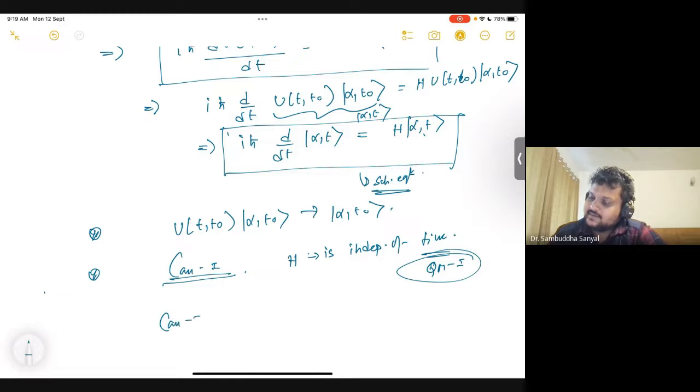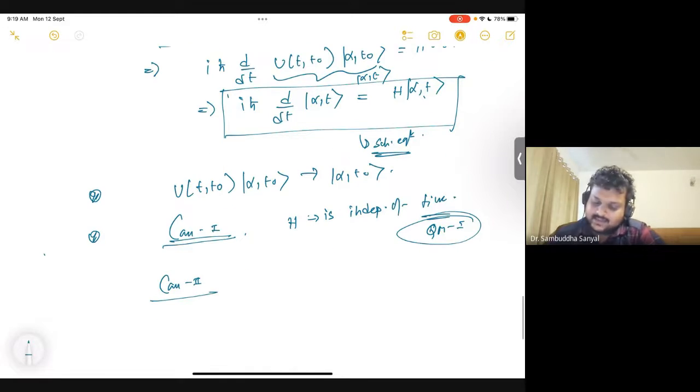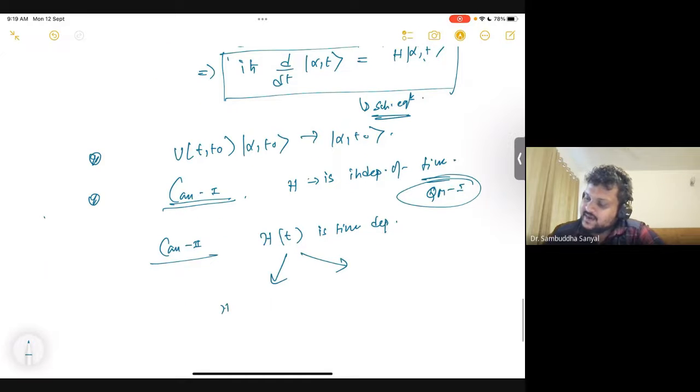But there will be another scenario where H(t) is time dependent, and there are two possible things: H at a particular time and at another time commute, or don't commute.